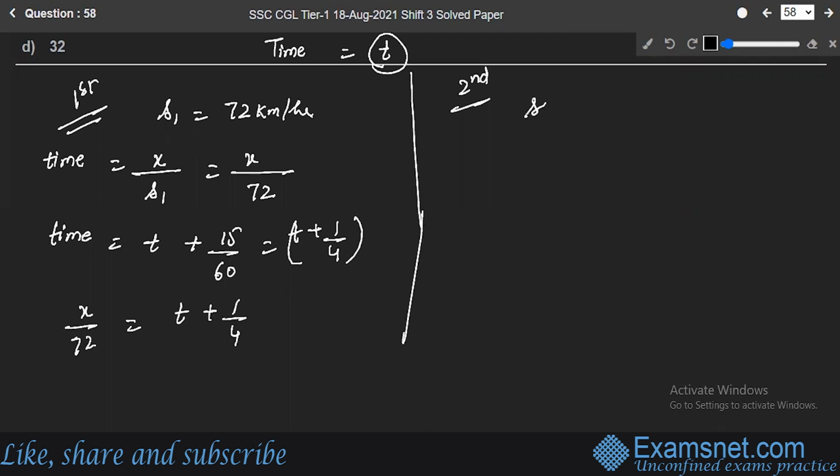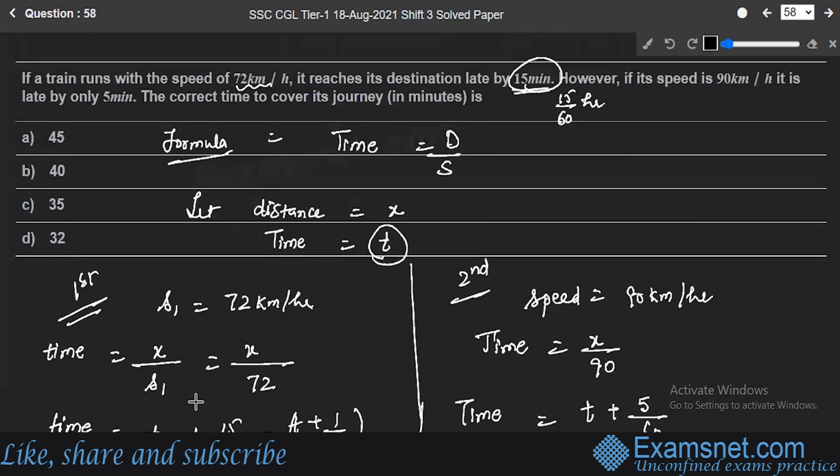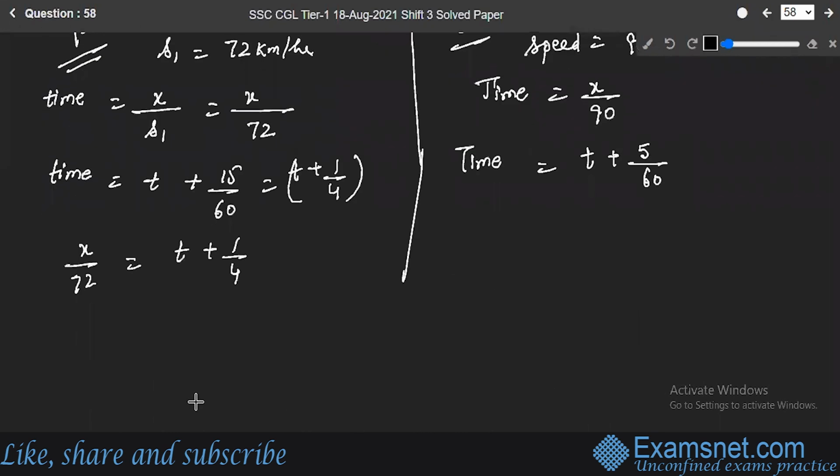Similarly, in the second case, if the speed is 90 kilometers per hour, then time taken will be equal to x upon 90. Also, it is said that the train will be late by 5 minutes, so time taken will be t plus 5 upon 60 hours.